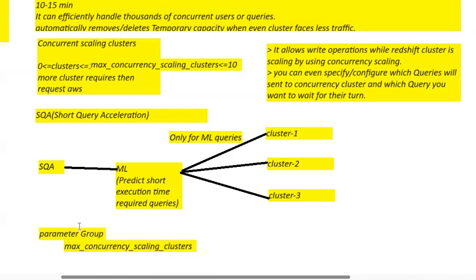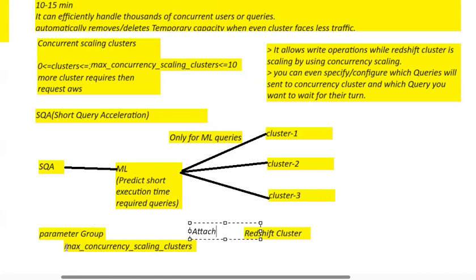After that, where do you attach this? First you create a parameter group, and there you provide the max concurrency scaling clusters value. Then you need to attach it to the Redshift cluster, the main Redshift cluster that you have. By default, a default parameter group is attached to the Redshift cluster.